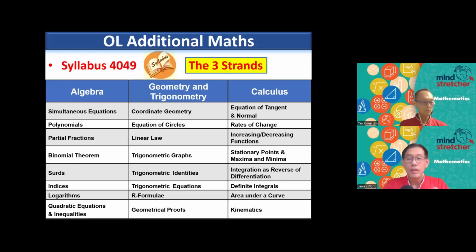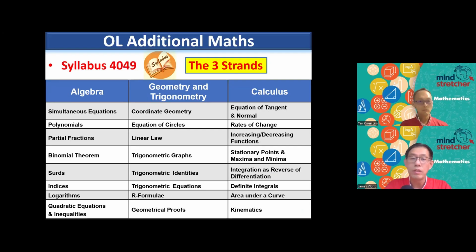Now, having said that, from my slide over here, you can see that I have a summary for everyone, just to make it easy to have a bird's eye view of the key topics that will be covered by your child who is taking on additional math. Okay, so in the syllabus, we categorize them into three broad categories. That's how MOE categorizes them.